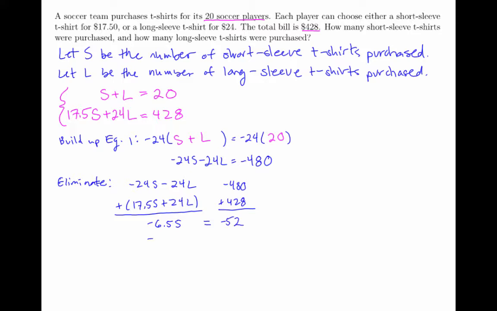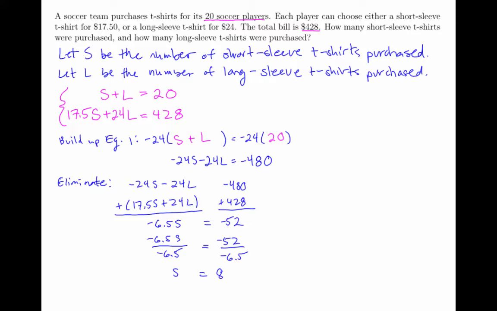To finish solving this equation, we can simply divide each side by negative 6.5. So we'll have negative 6.5s divided by negative 6.5 equal to negative 52 divided by negative 6.5. And when we calculate that, we'll find that s is equal to 8.